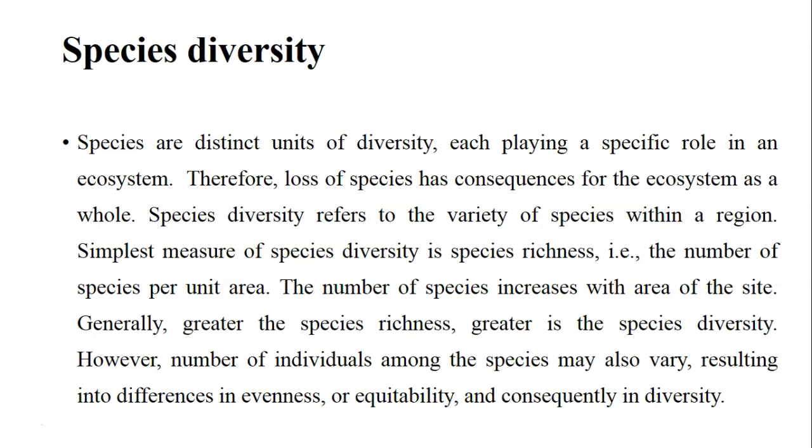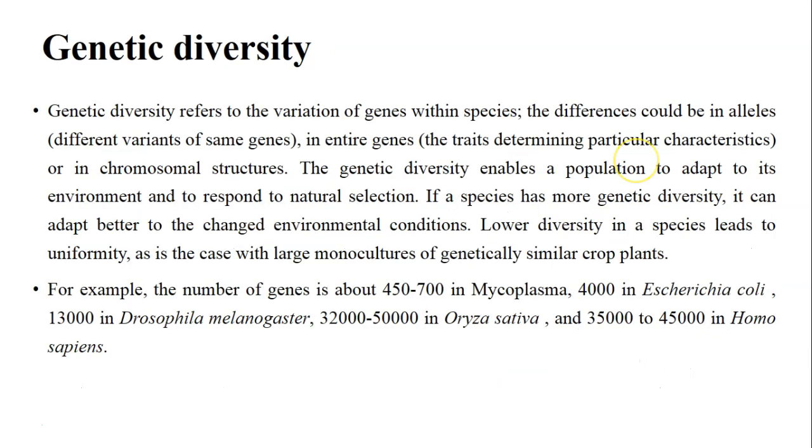In the case of genetic diversity, it is the diversity between species having the same genus, and there is no area bias. For example, a particular genus consists of 30 species. So here we have to see the variation among those 30 species.